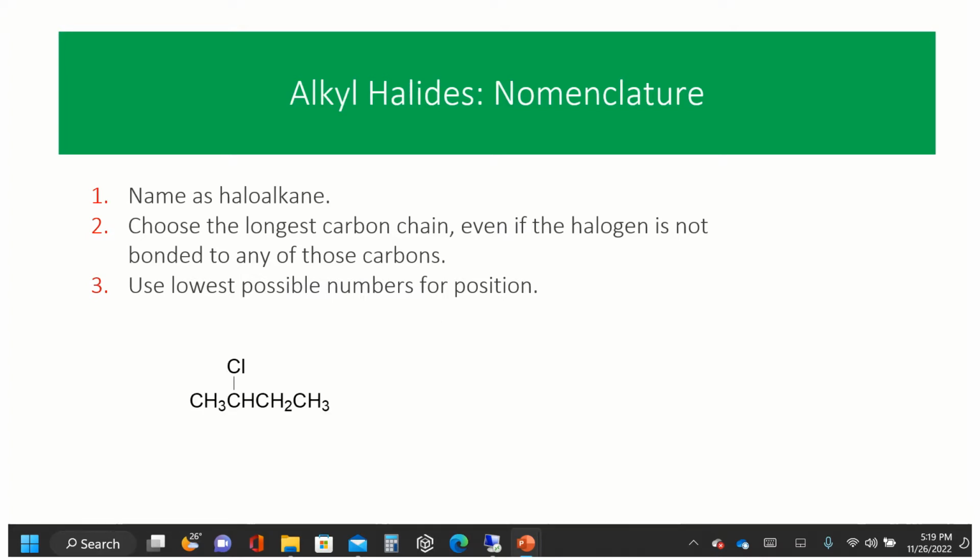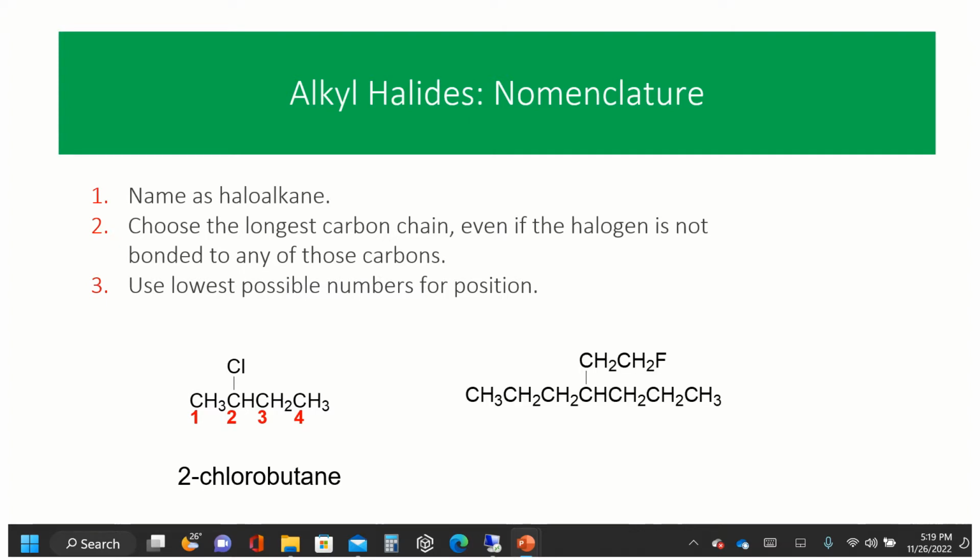So for example, herein you can see that we have a four-membered species, that's butane, and there's a chlorine on two, so it's a 2-chlorobutane. In this case here, you can see that the longest chain is a heptane, and you can see that there's a fluorine on the ethyl that's present on carbon 4, hence 4-(2-fluoroethyl)heptane.